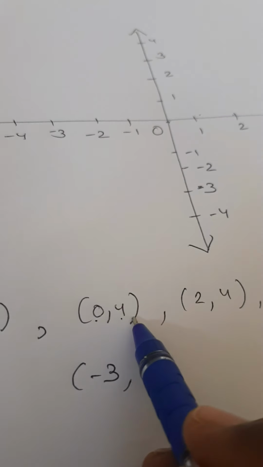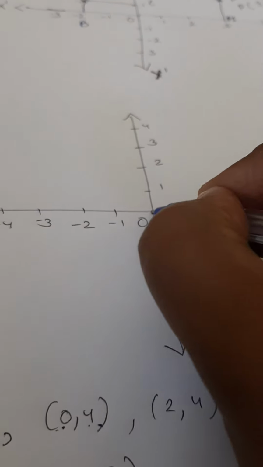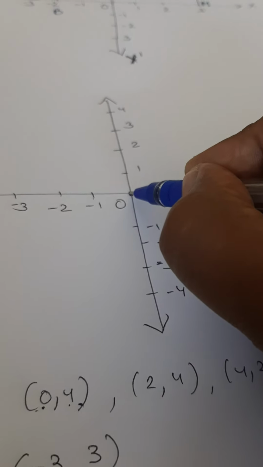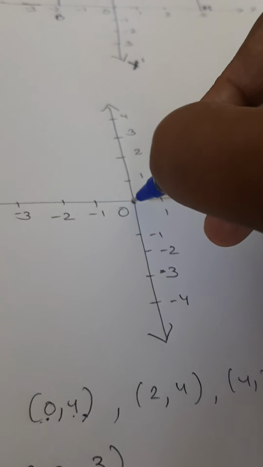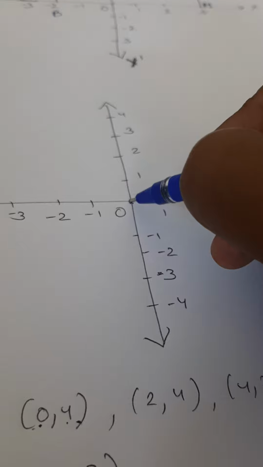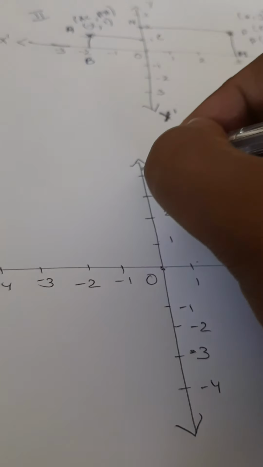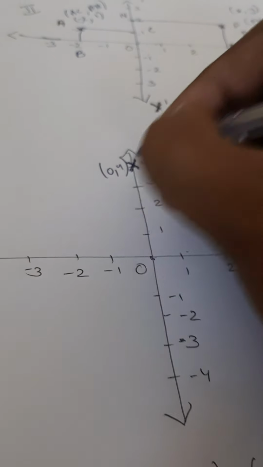So your reference point is here, and you need not move towards the x-axis because the value is 0. Now the y coordinate is 4, so just move on the y-axis 4 units: 1, 2, 3, 4. So the point lies here. Correct? So this point is (0, 4).